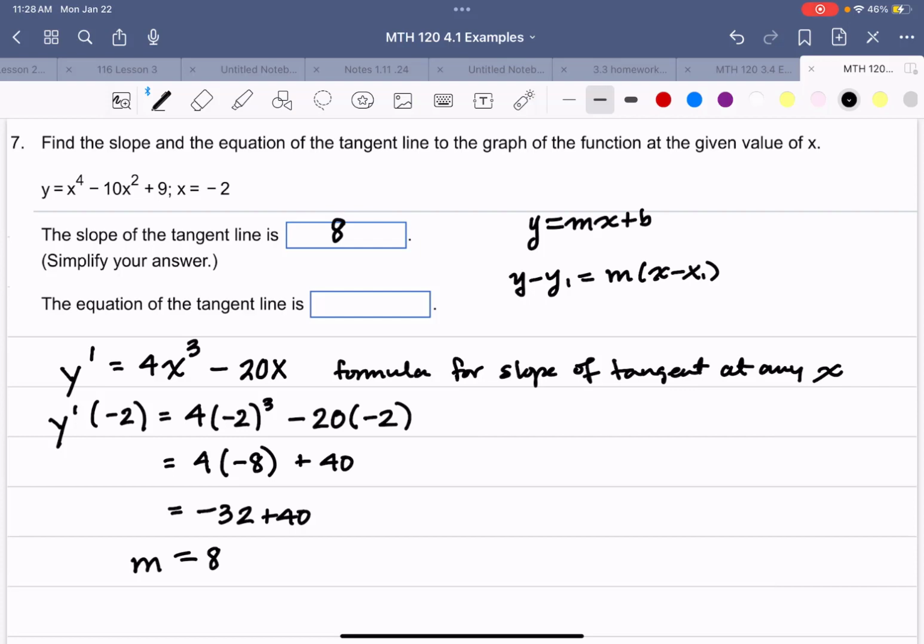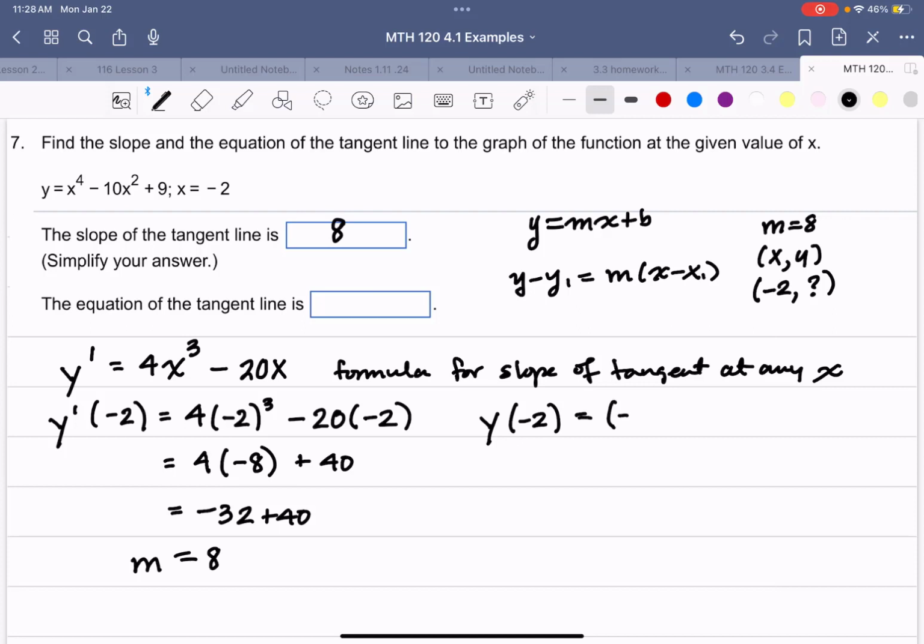For either of these formulas, we need a slope, which we have, but we need an xy point that's on the original curve, and the problem is we have an x of negative 2, but we don't know the y that goes with that. So we need to find y at negative 2, okay?